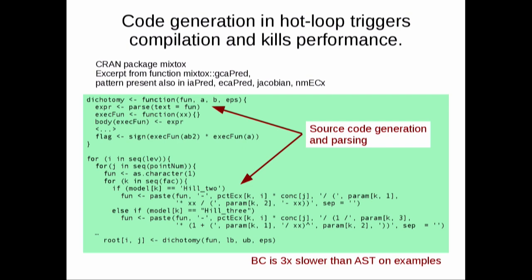This is just one of them, in the current package mixtocks, where a lot of code is generated. So you can see that this code has many nested loops, and inside them is this paste operation, right? So they are building strings that contain R code, and then very often they call parse.